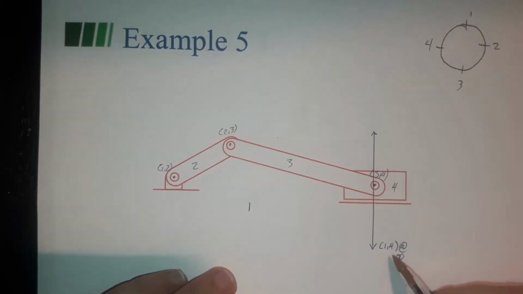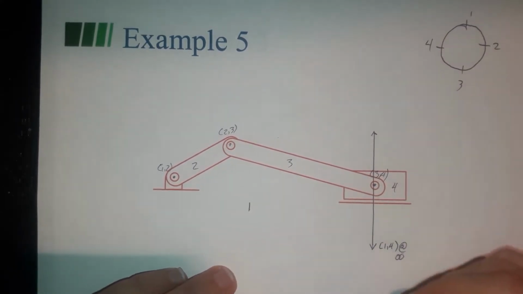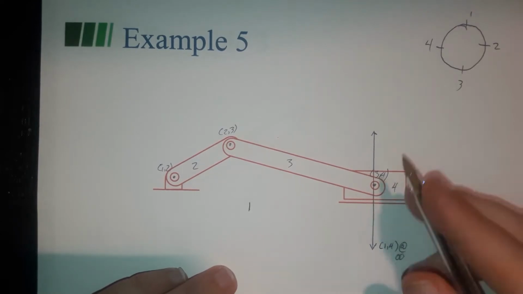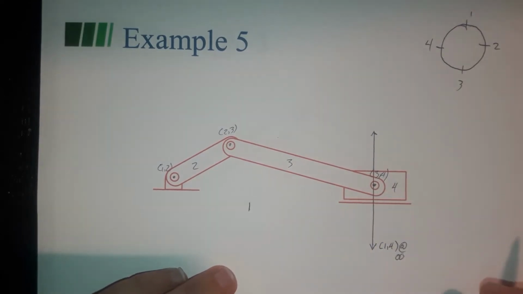We can think of that as a point either infinitely far away in the vertical direction, infinitely far in the down direction or up direction, either one.